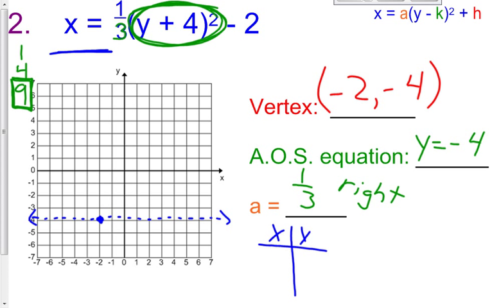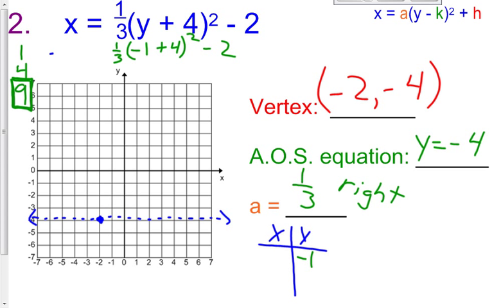If y is a negative 1. Because if y is a negative 1, work through this with me here, class. If y is a negative 1 plus 4 squared, a negative 1 plus 4, that would be a positive 3.